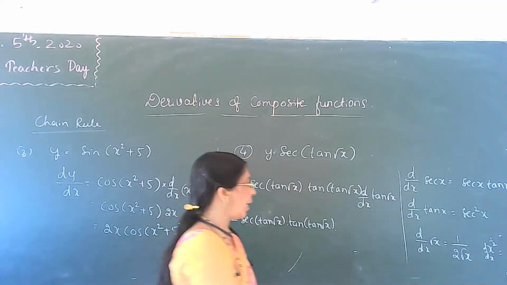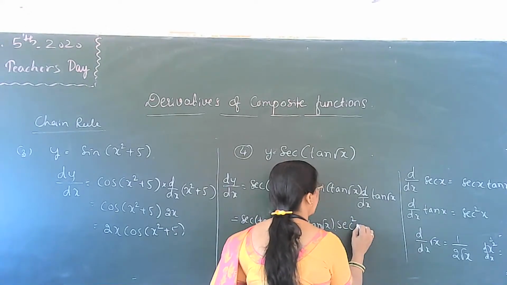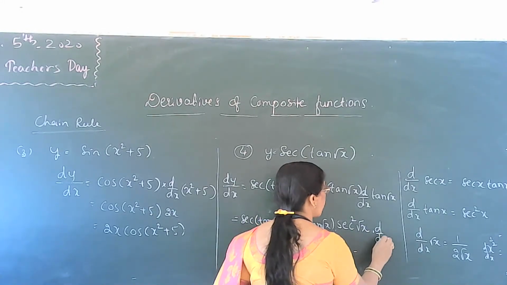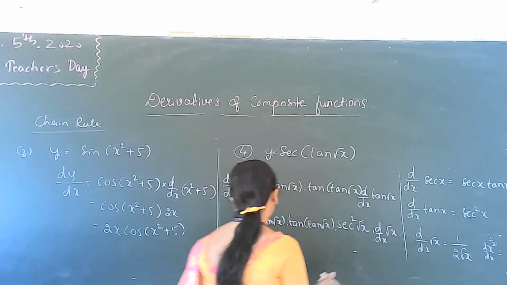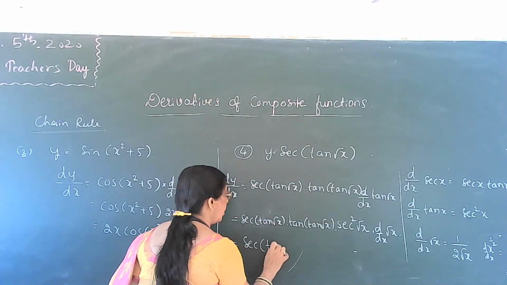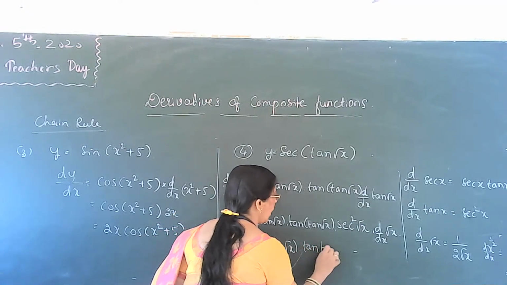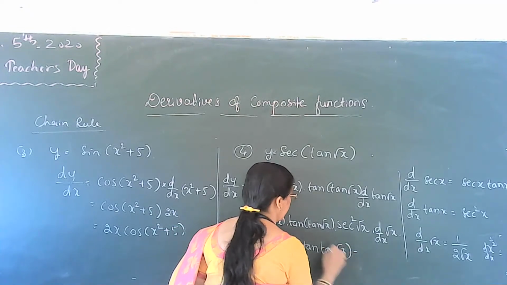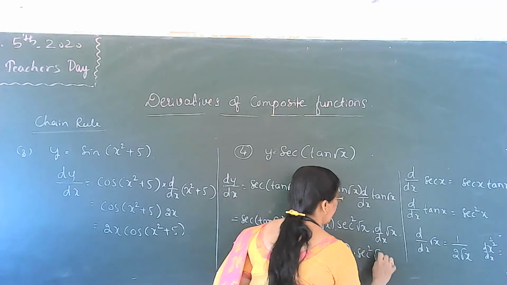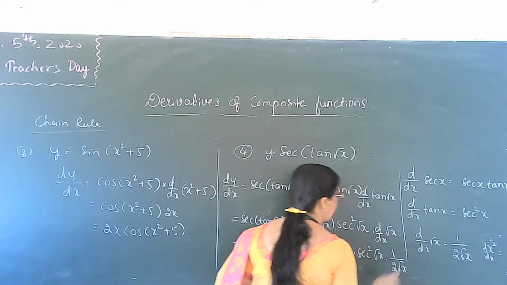Derivative of tan root x. The derivative of tan x is secant square x. Therefore, secant square root x. Then d by dx of root x. So it is equal to sec of tan root x, tan of tan root x, into secant square root x, into 1 by 2 root x.